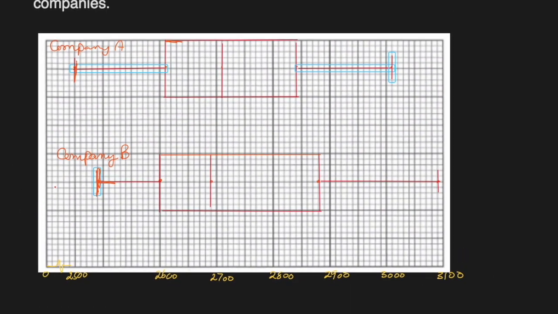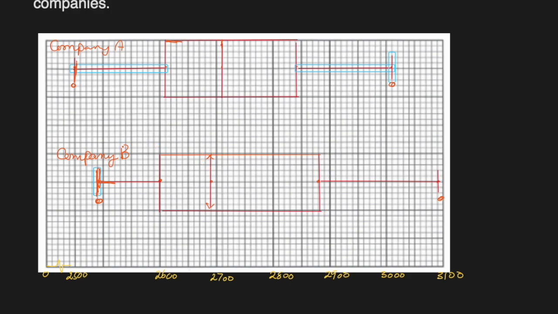Okay, so since we see here that the minimum of company B is higher than the minimum of company A, maximum is also higher for company B, but you can see that the median is lower than the median of company A, opposite of what is happening for maximum and minimum. So in company B, the data is more spread out.